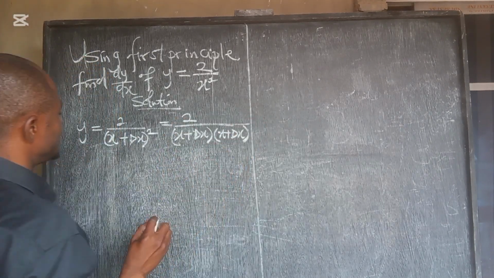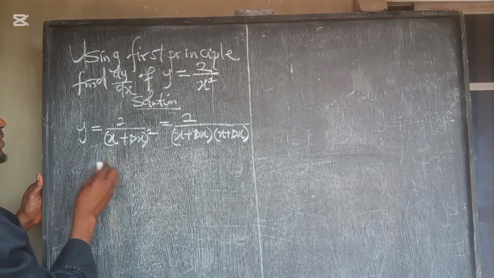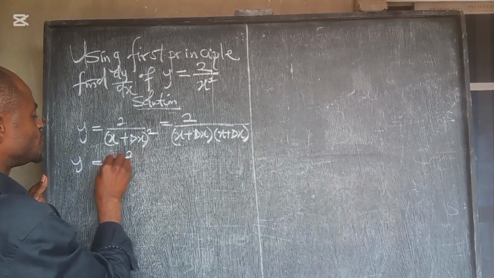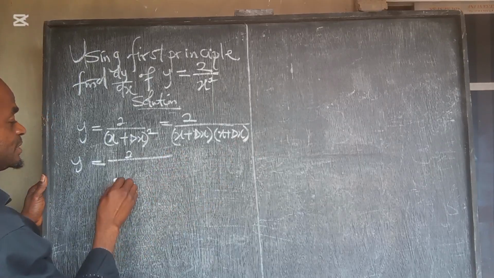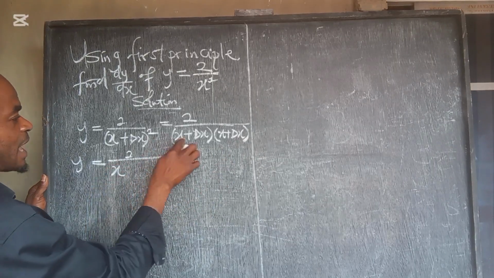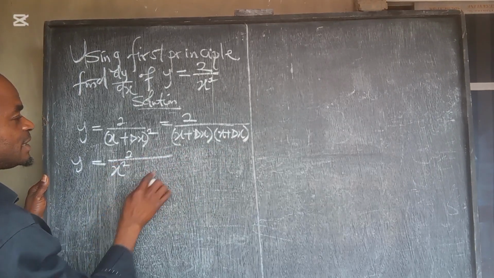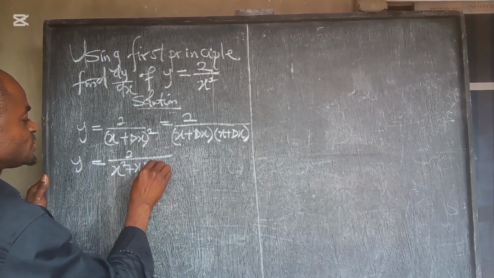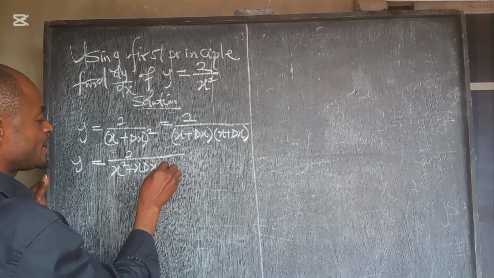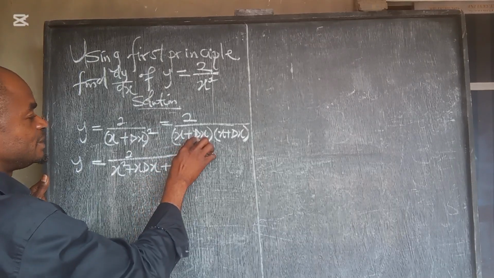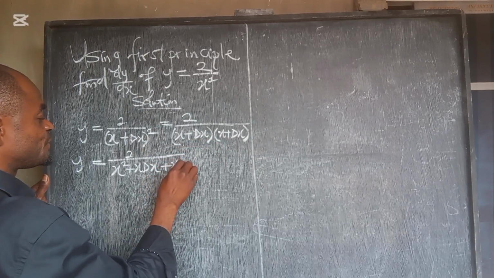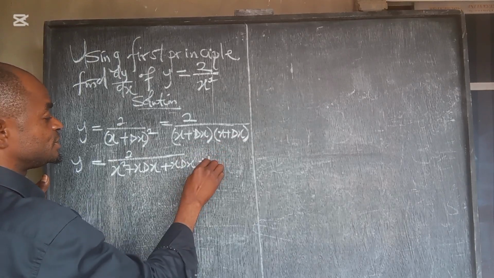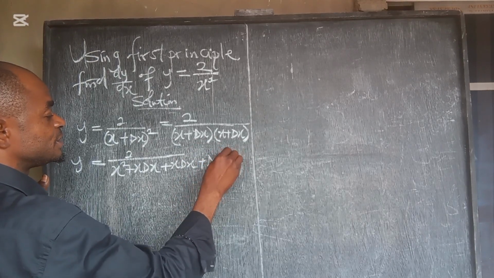Having done this, the next thing is to say that y will be equal to 2 all over. Open this bracket: x times x is x squared, x times changing x is x changing x. Then changing x times x gives x changing x, plus changing x times changing x gives changing x squared.